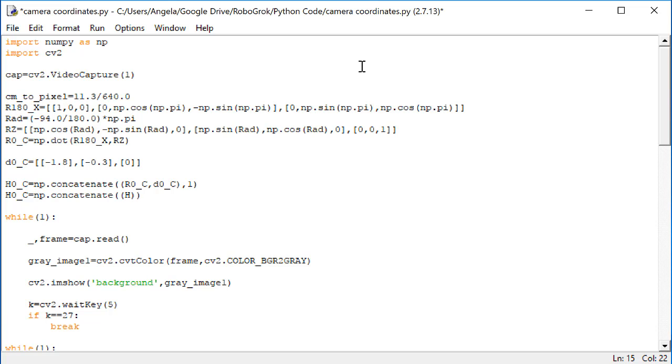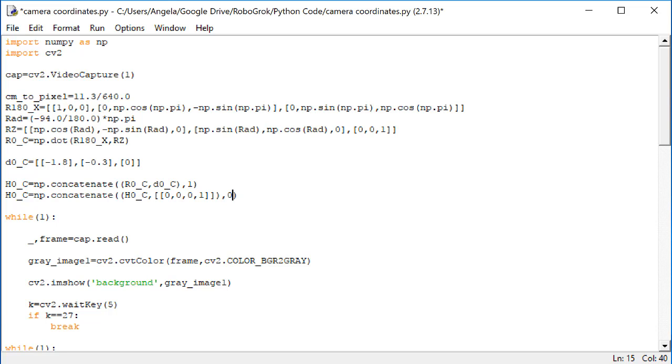That is the rows. Now we want to do another concatenation. What we already have for H0C, and we want to concatenate that along with the last row, which will be 0, 0, 0, 1. And the axis along which we want to concatenate is the column axis, so that's 0.